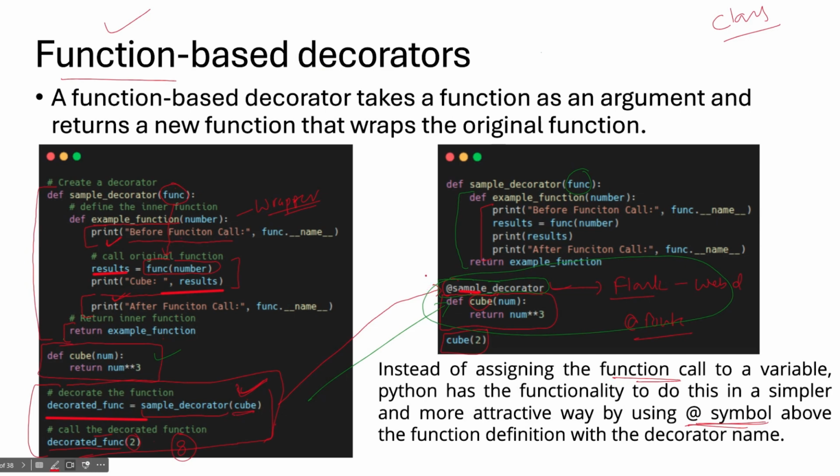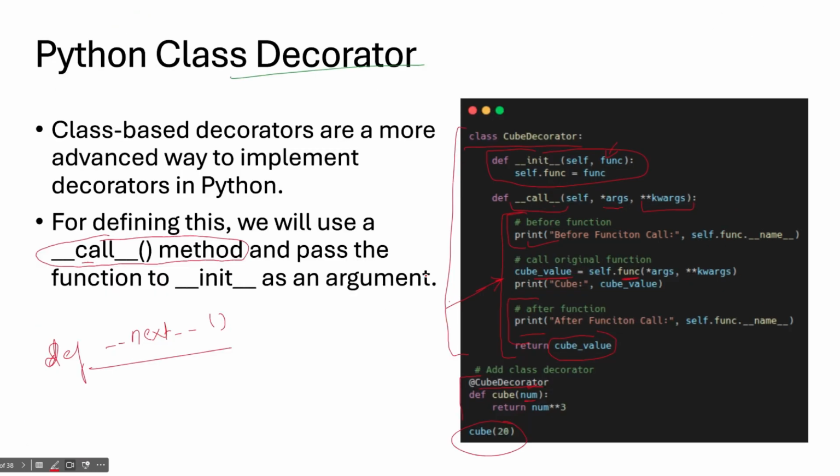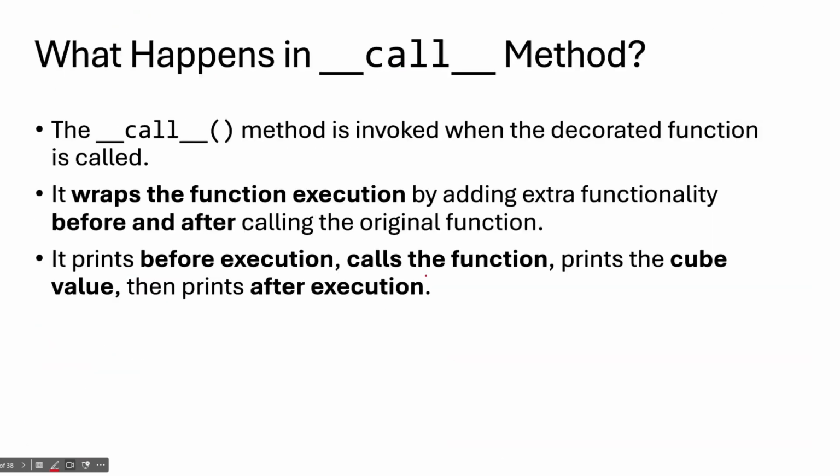Now let me show you a real life use case, right? A real life use case. So how this works: the __call__ method is invoked when the decorated function is called. It wraps the function execution by adding extra functionality before and after, because you can't change the original function. The original cube function, suppose it is taking input x and returning x cubed, right?